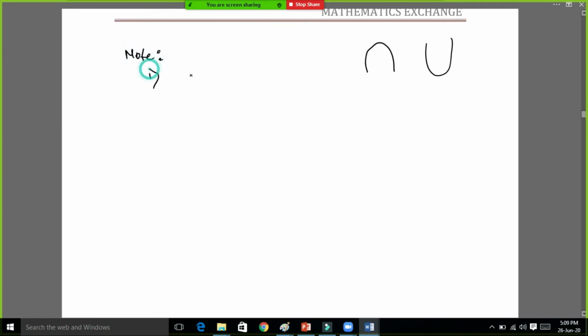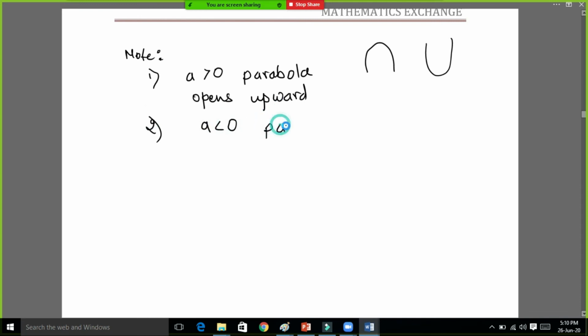Whenever A is greater than 0, the parabola opens upward. And the second thing is that when A is less than 0, that is, A has a negative value, the parabola opens downward.